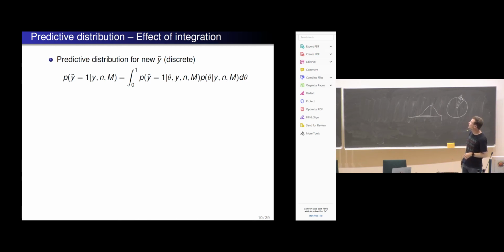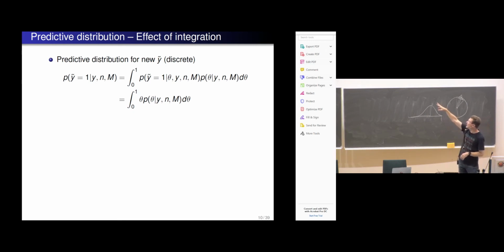And we get the posterior predictive distribution, which is not conditioned on theta anymore, but just on what we observed. M there is referring to the model, reminding that whenever we are making this inference, it also depends on the model assumptions, prior and so on.